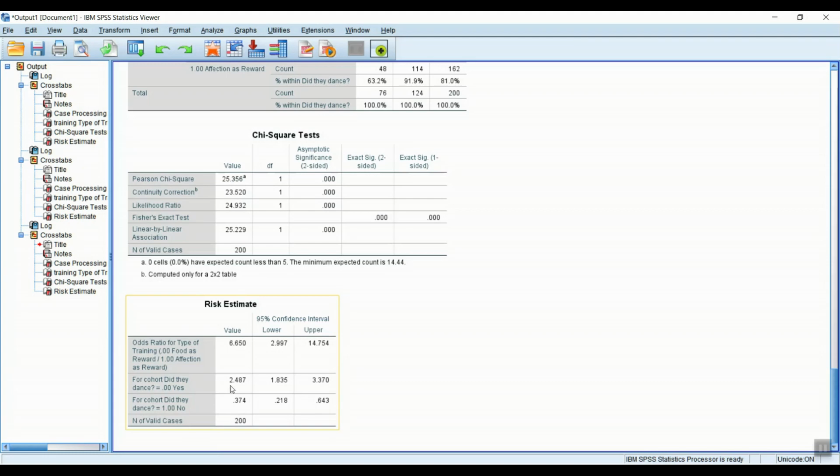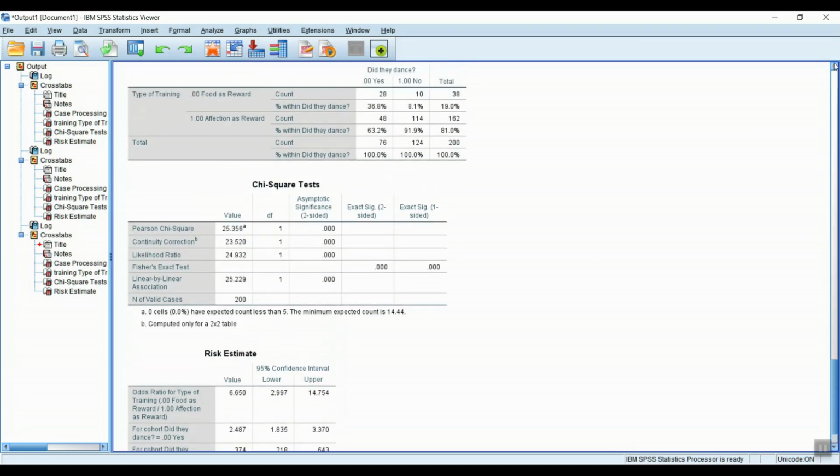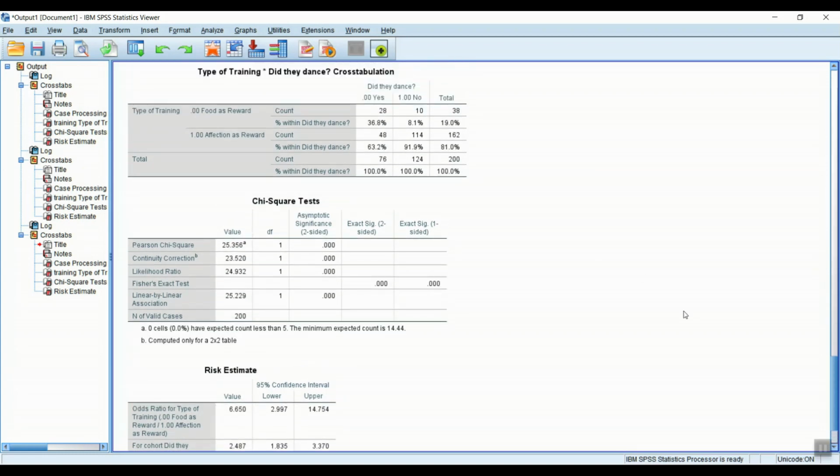So what are these numbers? 2.487 and 0.374. So the way that they're computed is if we go back up to the crosstab here, to get the relative risk for whether they danced, we divide 28 by 38. In other words, those who danced yes as a proportion of all responses, divided by those who danced for the other outcome, the other predictor variable, which is affection as a reward.